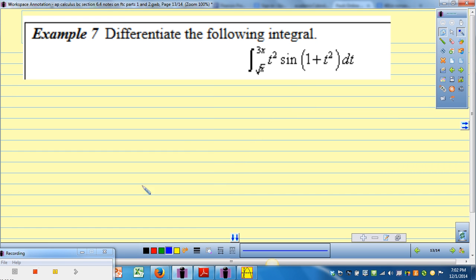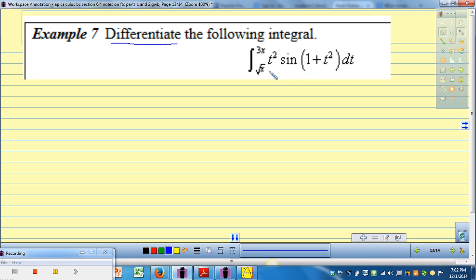Our final example is another fundamental theorem part 1. This time we have a function of x as the lower integration limit and the upper integration limit. But the procedure, we're still differentiating, we're taking the derivative. Procedure would still be the same.